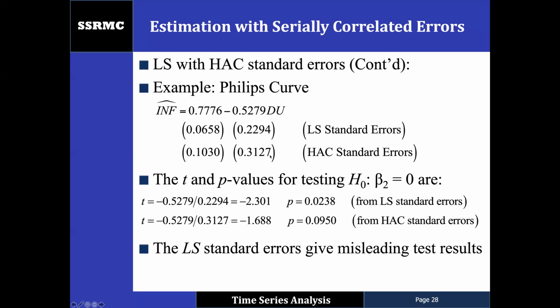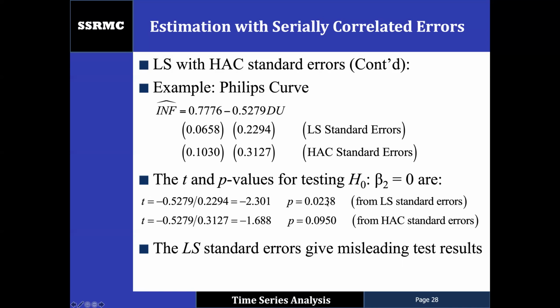Based on those different sets of standard errors, we have two sets of t-tests to check whether beta 2, the coefficient of unemployment rate changes, is significant or not. Based on OLS, the test statistic is minus 2.301.